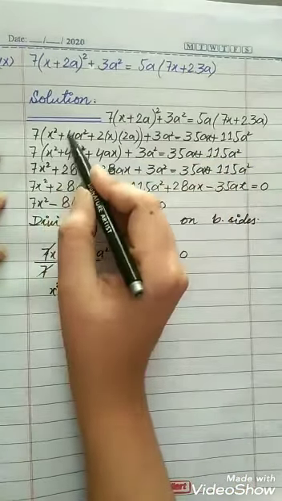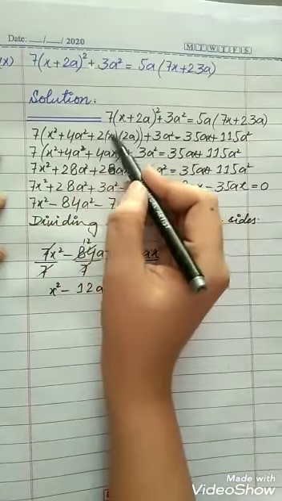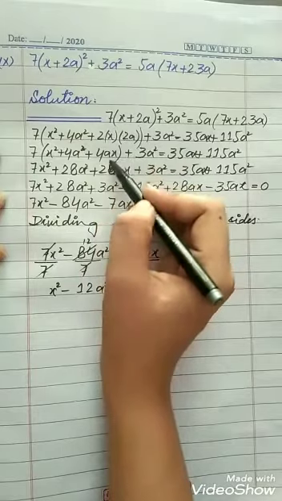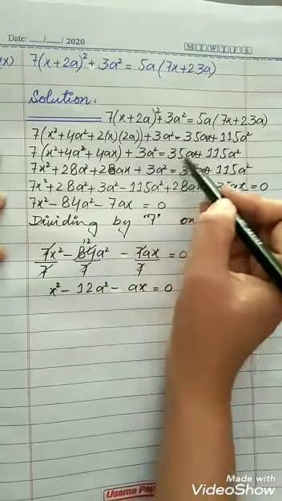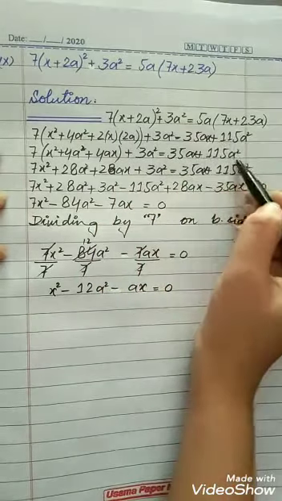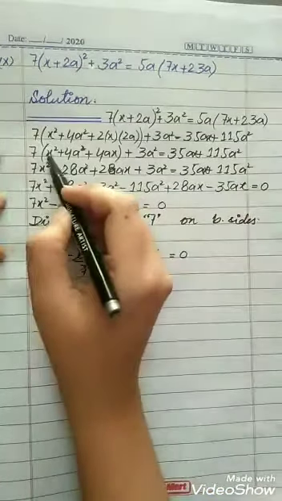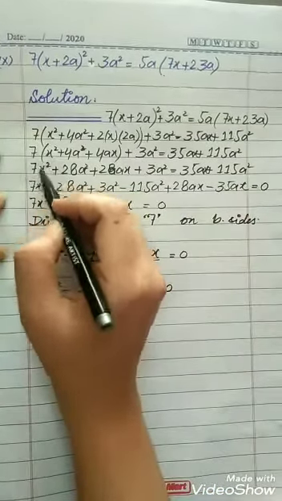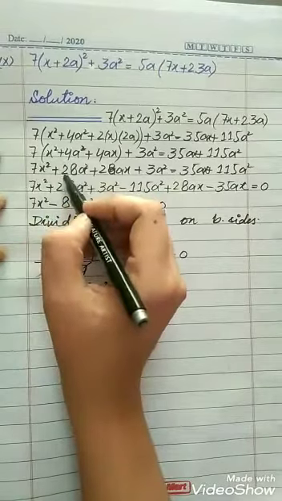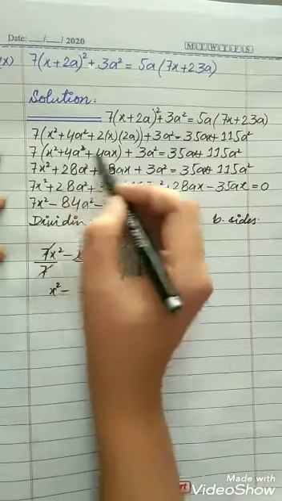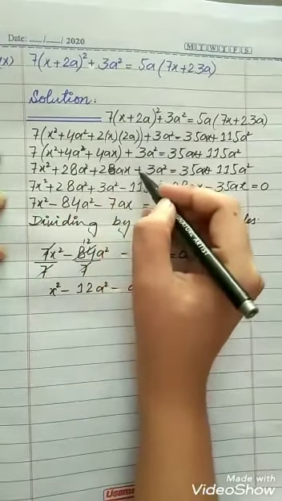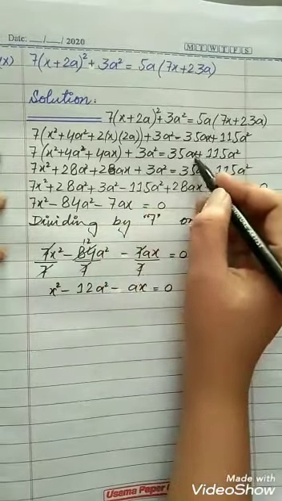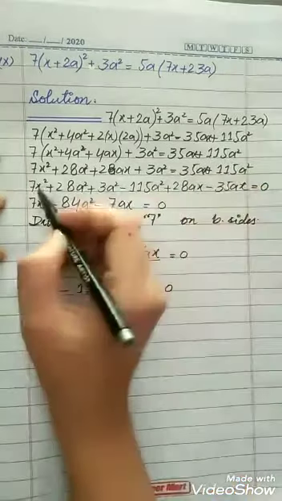So 7 into (x square plus 4a square plus 4ax) plus 3a square is equal to 35ax plus 115a square as it is. We will open this bracket as well, 7x square plus 28a square plus 28ax plus 3a square is equal to 35ax plus 115a square.